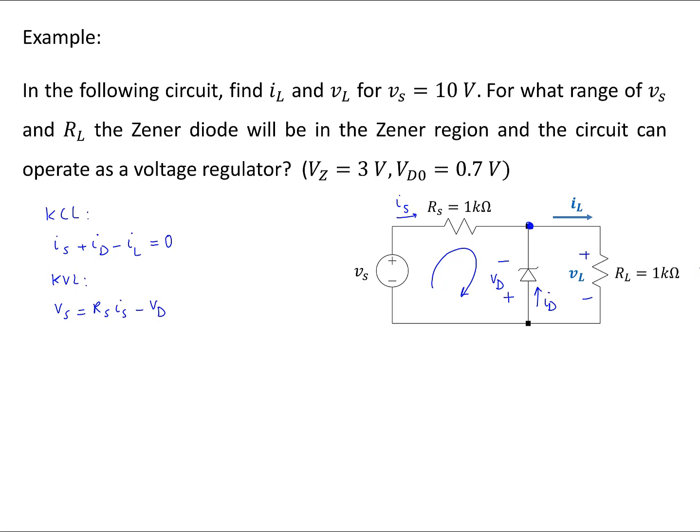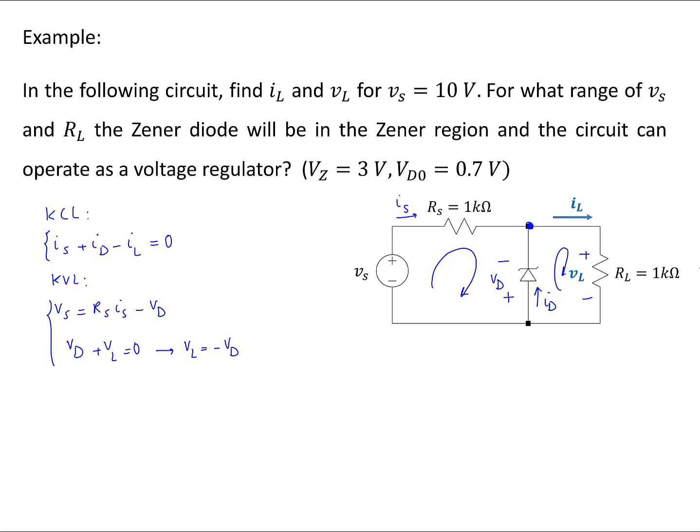Also, I can write another KVL here, and from there I have VD plus VL equals 0. From there, VL equals negative VD. So these are three equations that I have for this circuit.